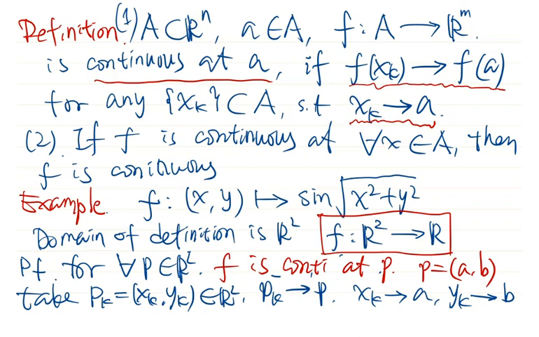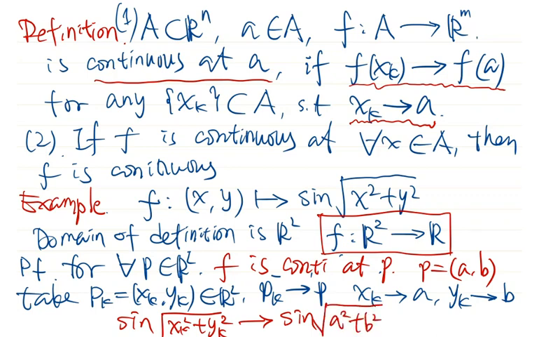So we see that the sine of square root of xk squared plus yk squared will converge to sine of square root of a squared plus b squared, right?